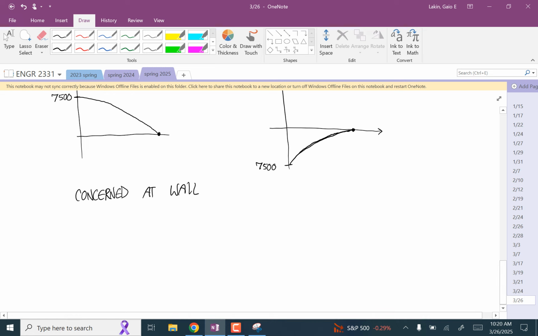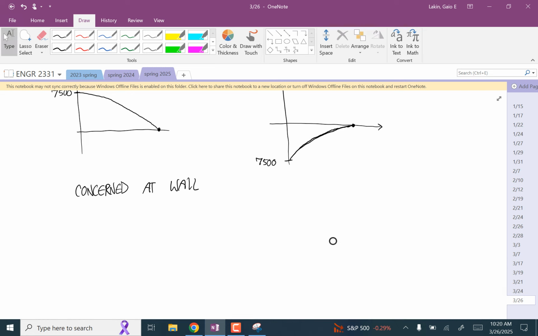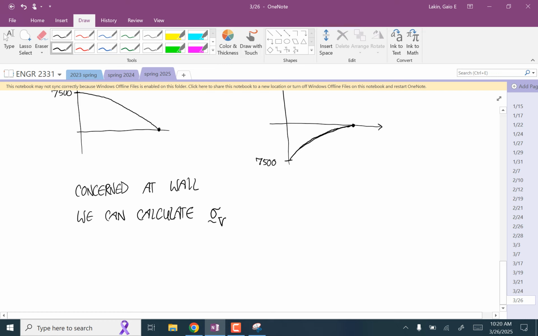So there's two things we can do. We can calculate the stress due to the shear force at the neutral axis.